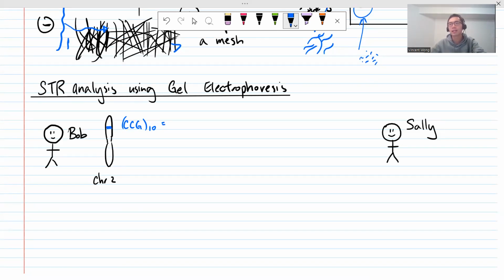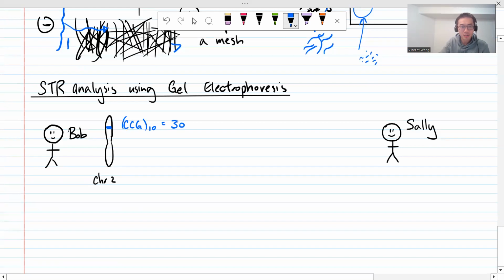So how long is this in total? If it's CCG repeated 10 times, how long is it going to be? Okay. 3 times 10 is 30. So that's 30 base pairs long.